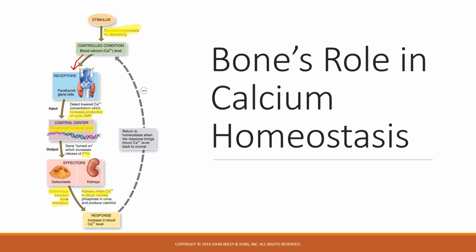The kidneys also work to retain calcium in the blood by not excreting it into the urine. So both of these responses together will increase the blood calcium level, returning us back to a normal blood calcium level and back to homeostasis.